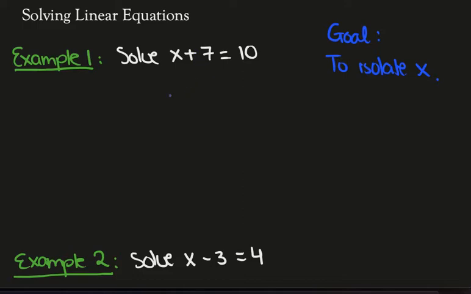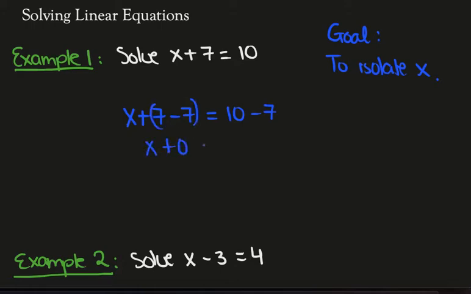It's minus 7. So we're going to have x plus 7 minus 7, 10 minus 7, because if we do something to the left hand side of the equation, we have to do it to the right hand side. So we have x plus 7 minus 7. Well, 7 minus 7 is 0.